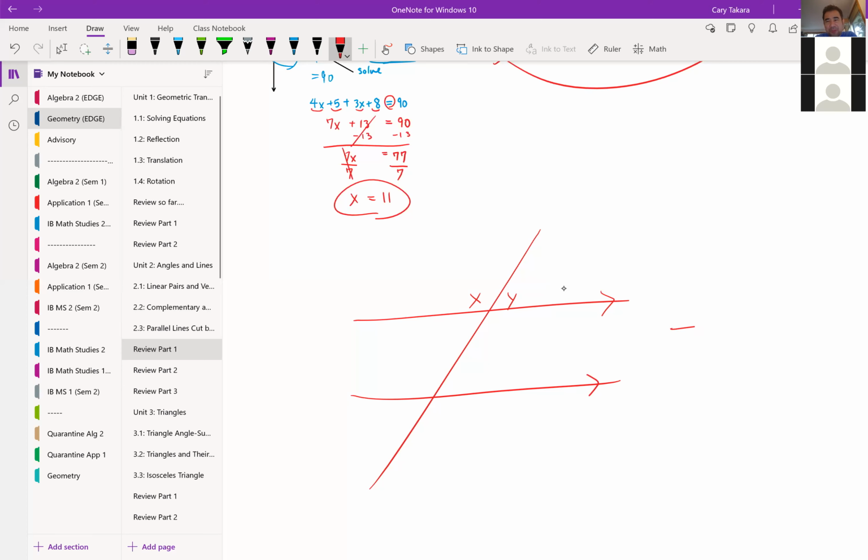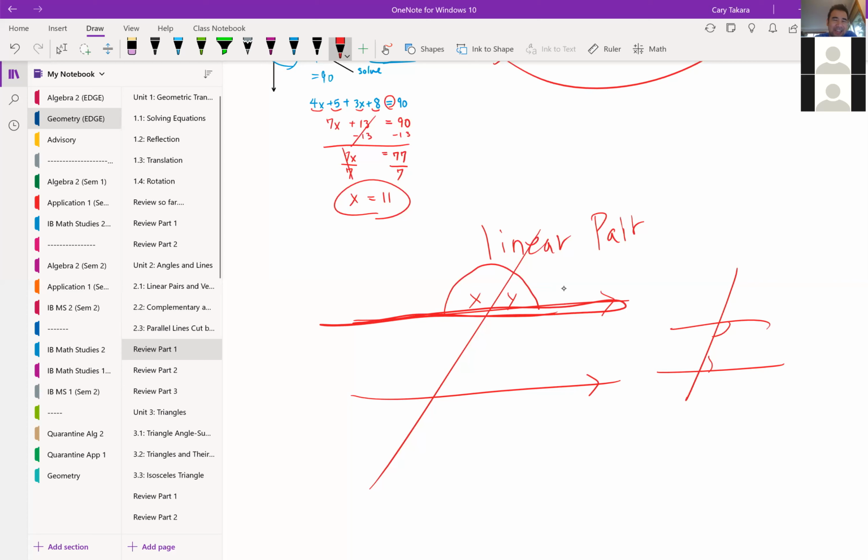So it needs to be like this one and this one. This is actually linear pair. You've got the line, and then you've got this angle and this angle. So that's a linear pair, actually.